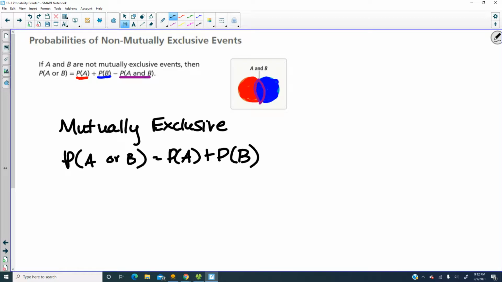For non-mutually exclusive events, you have to subtract the probability of A and B happening together. You don't have to subtract it for mutually exclusive events because, remember, the probability of A and B happening together is 0. So we don't have to subtract it out.